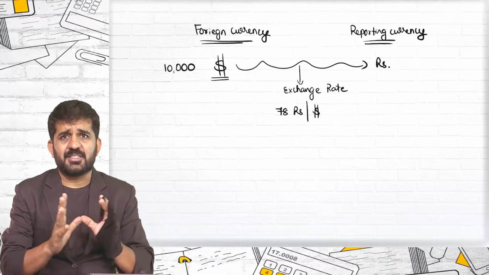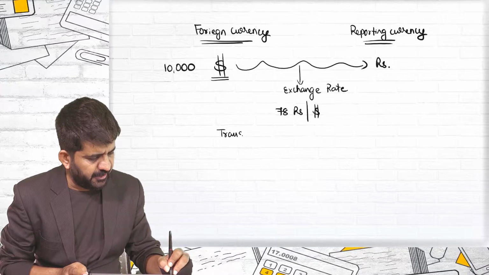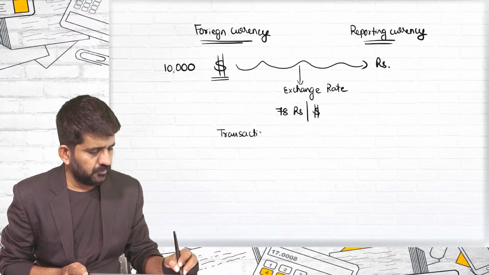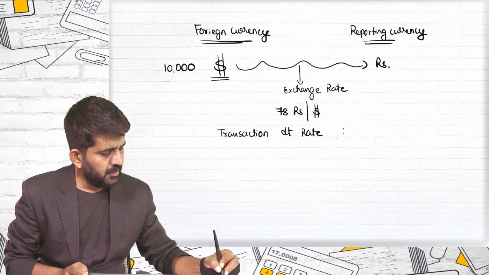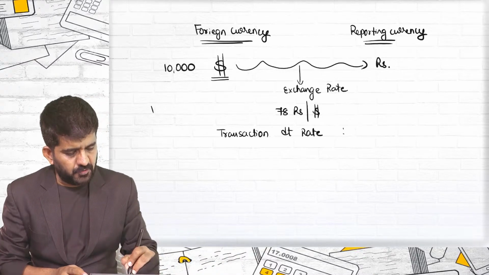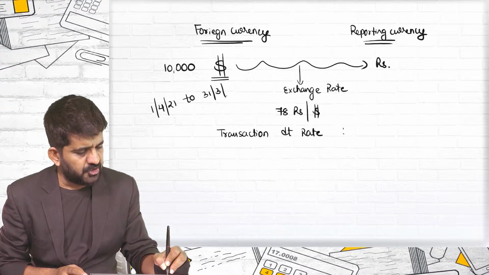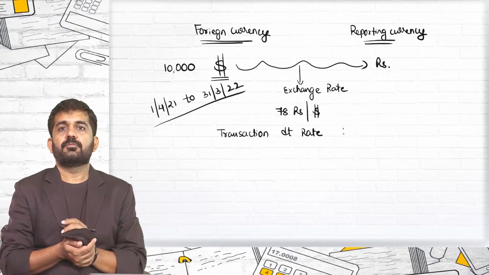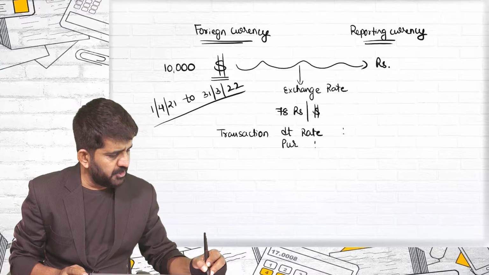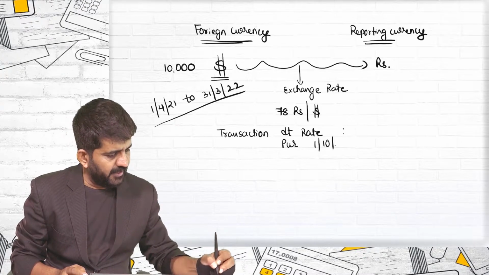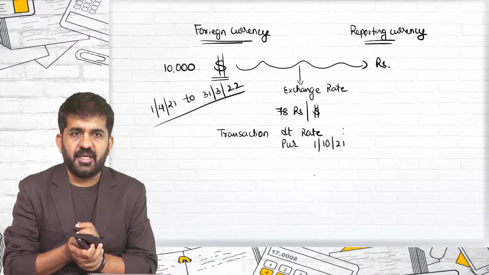We are going to learn some types of exchange rate, like transaction date rate. Say we are writing books of accounts from 1/4/2021 to 31st March 2022. There was some purchase done on 1st October 2021.